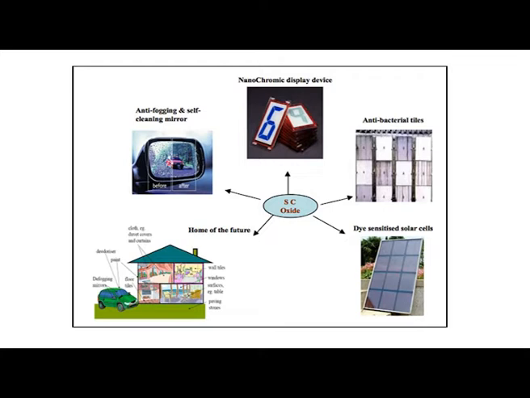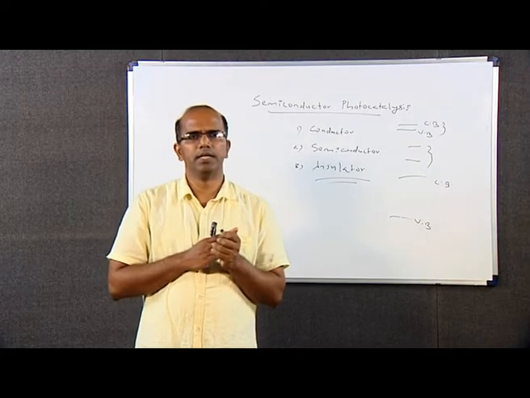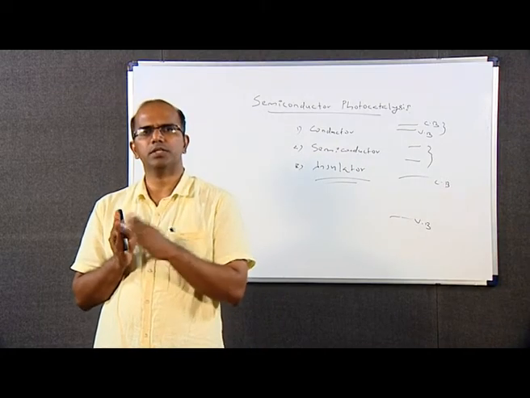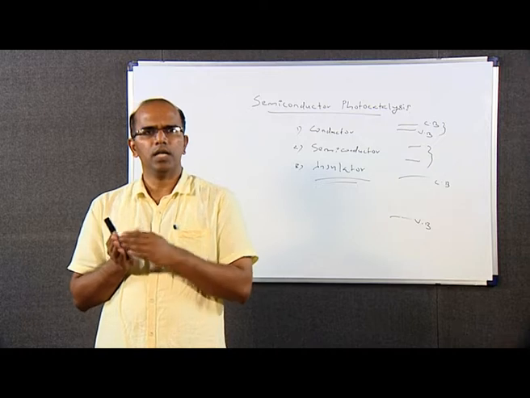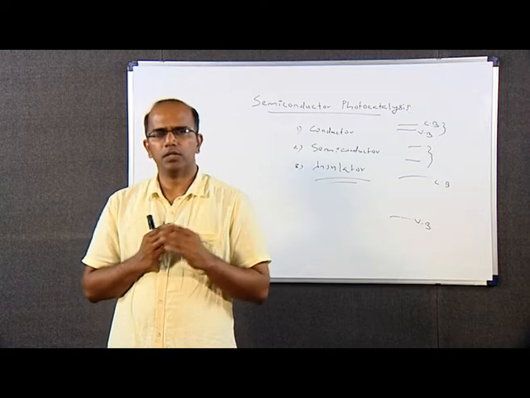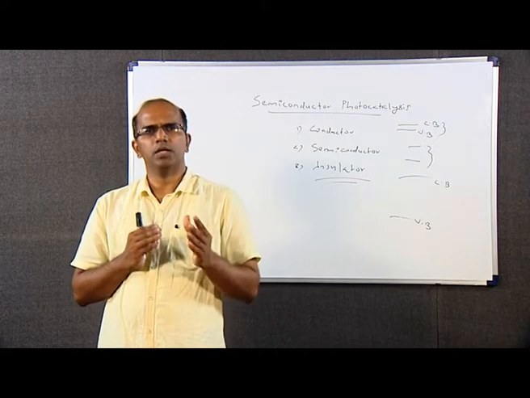It can be used as an antibacterial coating, and all these applications can be combined to make a future home, as shown in the picture. All the electrical energy needed for the home is met by the solar cell laid on the rooftop of this house.